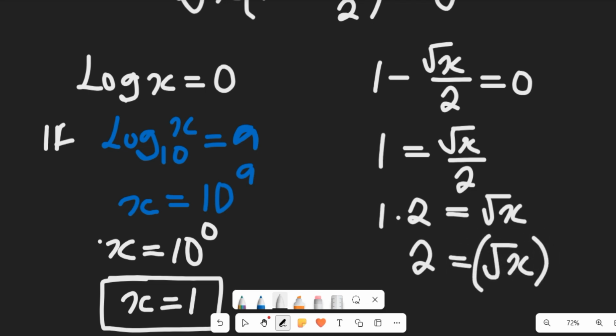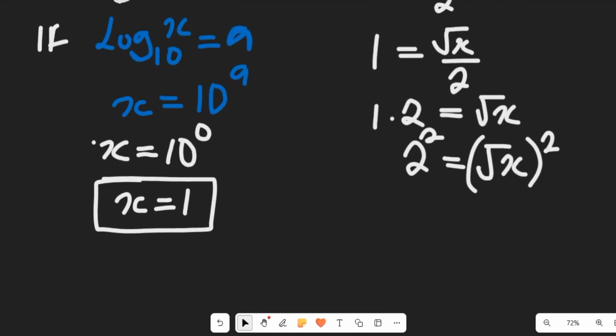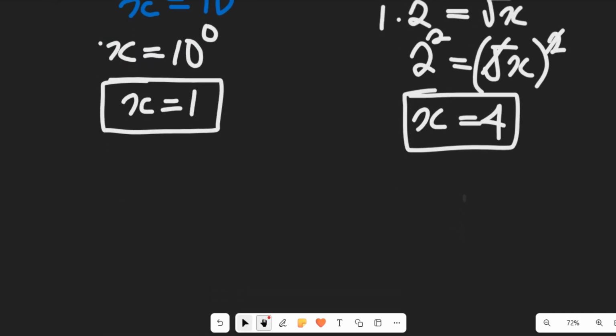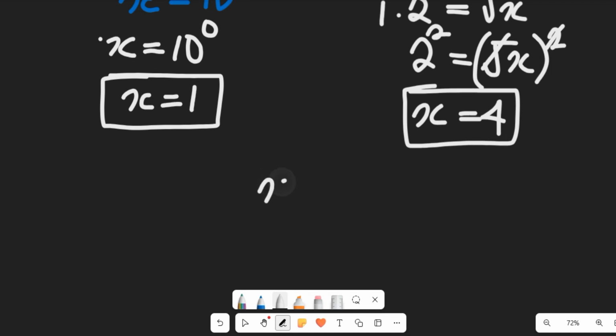If I take the square of both sides, the square and square root cancel out, and the value of my x here will be equal to 4 because 2 squared is equal to 4. So from that expression, the value of my x is equal to 1 and what?